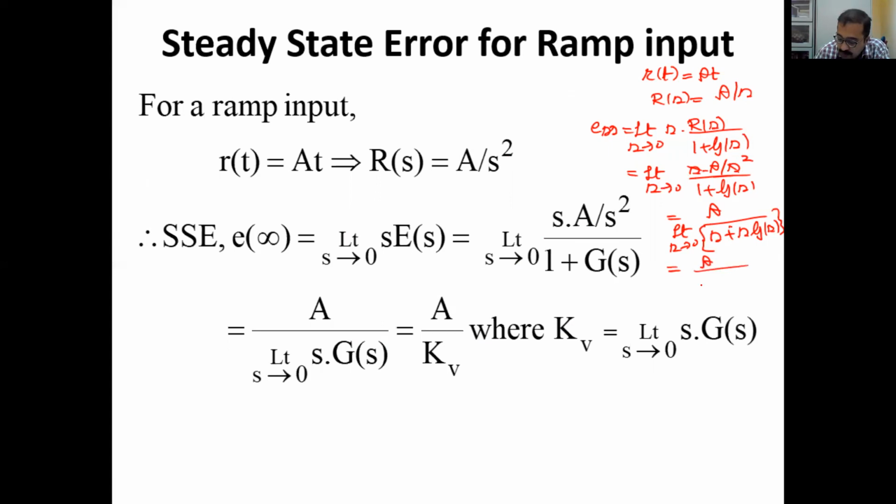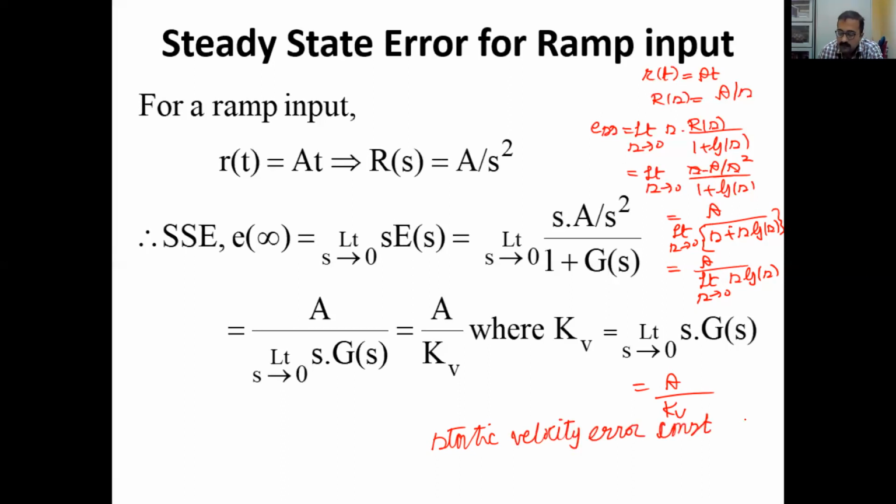That means you can write this as limit S tends to 0, S into G of S. This limit S tends to 0, S into G of S is called Kv, where Kv is called the static velocity error constant. Okay, so Kv is called the static velocity error constant and is given by limit S tends to 0, S into G of S.